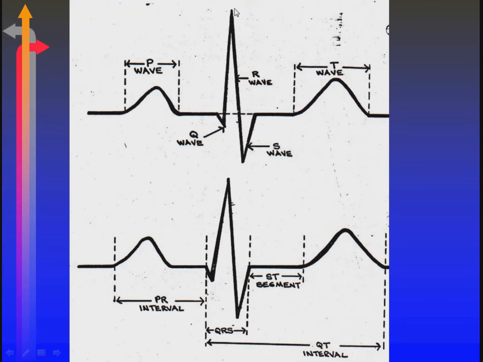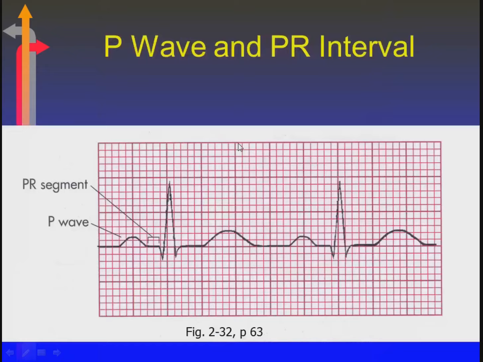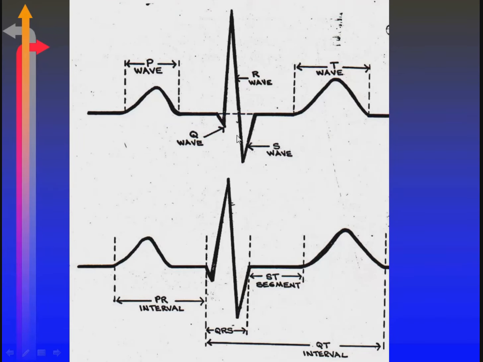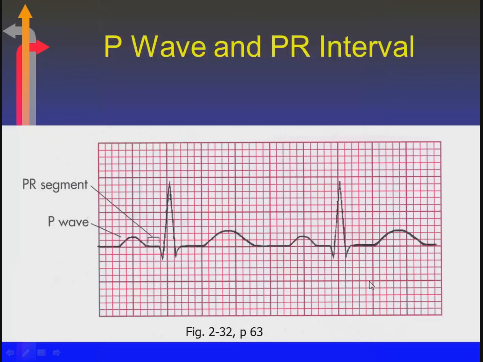The first positive deflection is the R wave, and the negative deflection after the R wave is an S wave. And we'll find there are all kinds of combinations that can end up being there. Then there's a plateau, an isoelectric line, the ST segment, followed by the T wave. And the QT interval is from the beginning of the Q wave to the end of the T wave. And they all have significance in some fashion.